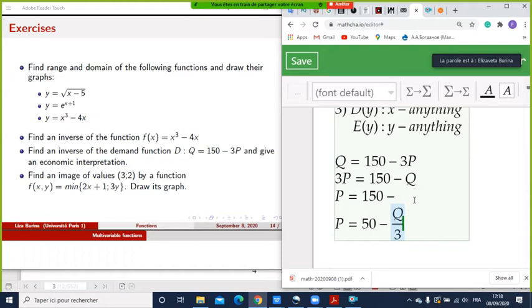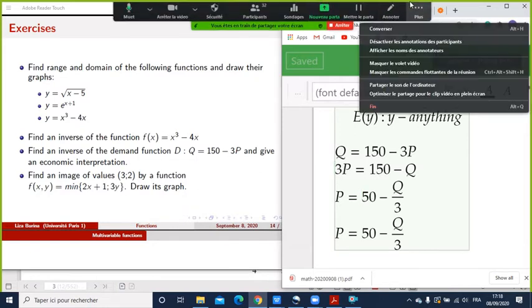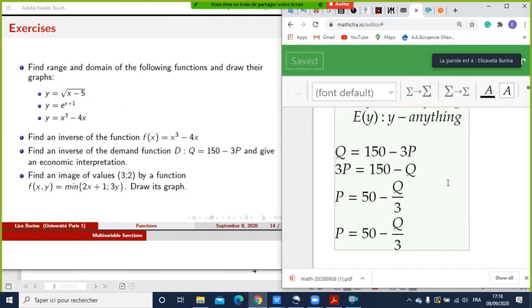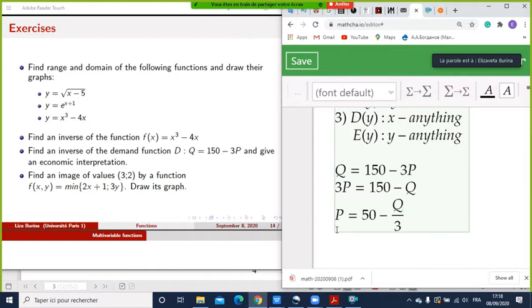Since it was 3P, we had to divide both 150 and Q by 3. That's what we got. So here we got an expression of price in terms of quantity.